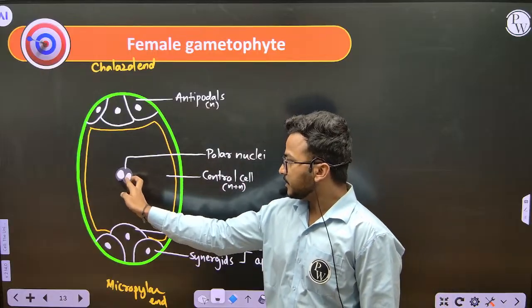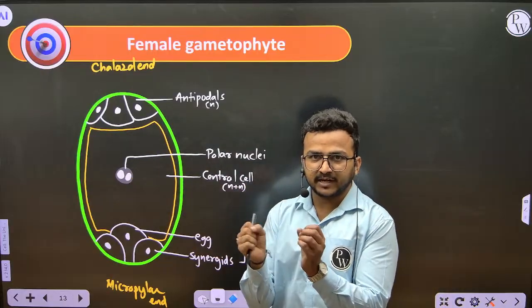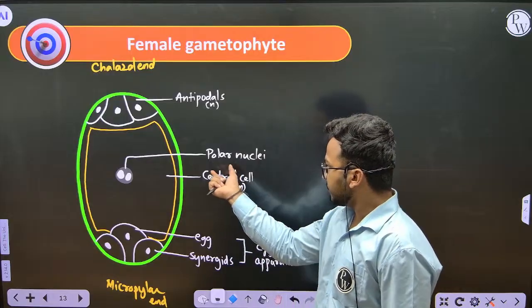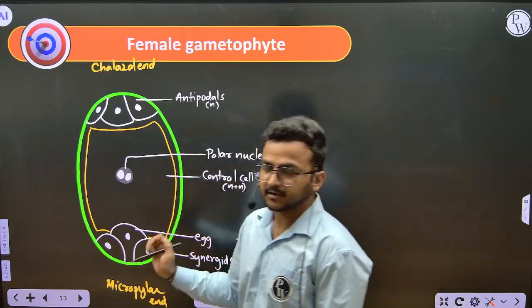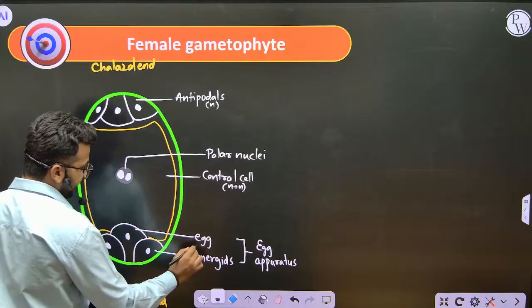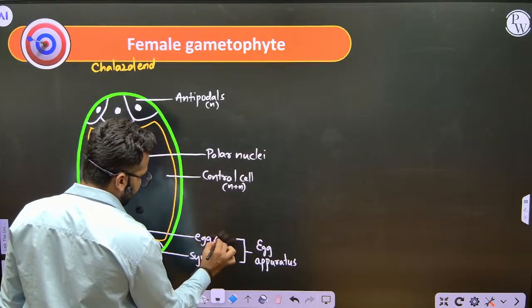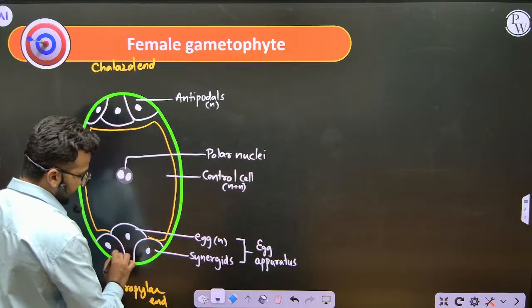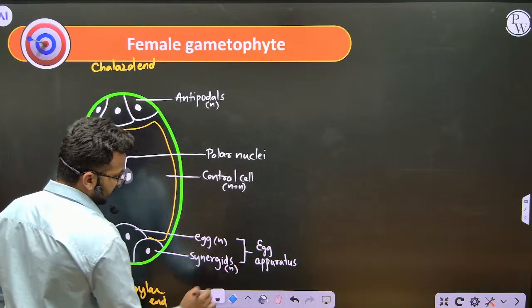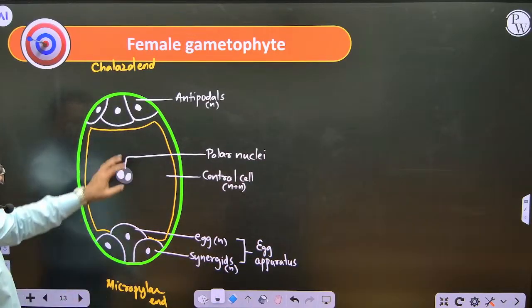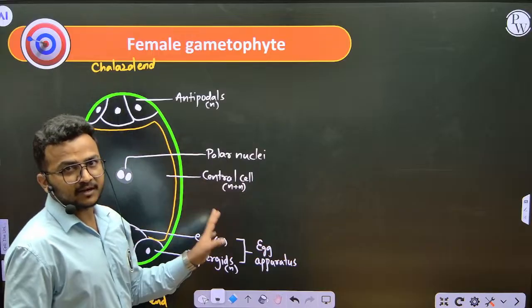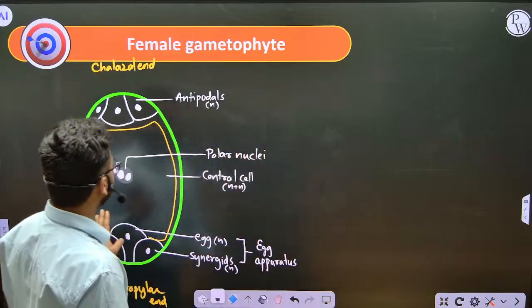Initially the 2 nuclei are just separate, which we call the free nuclear condition, N plus N, in the central cell. Next, the egg cell is also in N condition. Synergids are also in N condition. All the functions of these cells are different, and we are going to discuss them now.